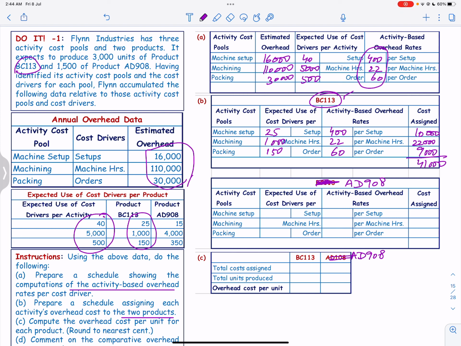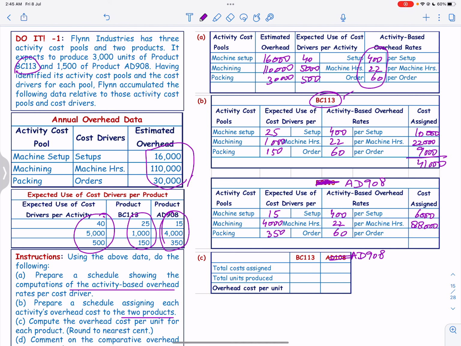For the second product, AD908, the machine setup is given to us again, that is 15, 4,000, and 350. We have calculated the activity based overhead rates as 400, 22, and 60, and we multiply again to get the cost assigned for each activity cost pool, that is 6,000, 88,000, and 21,000.